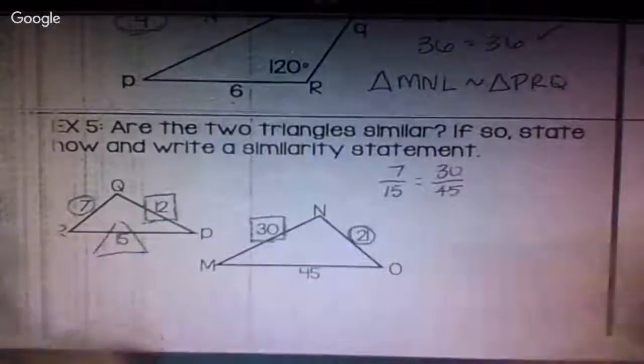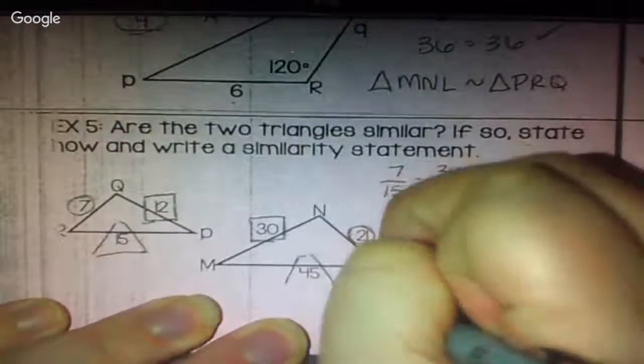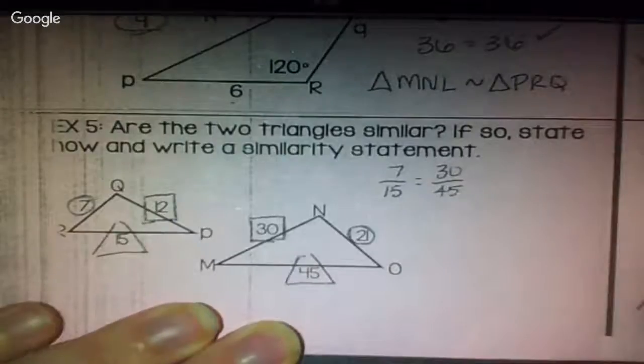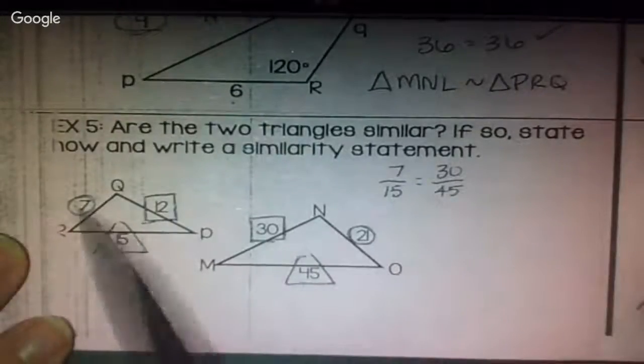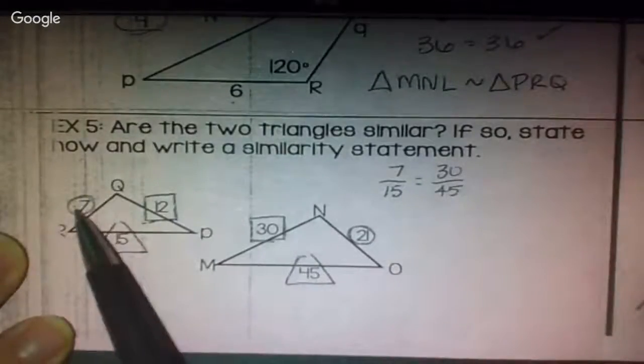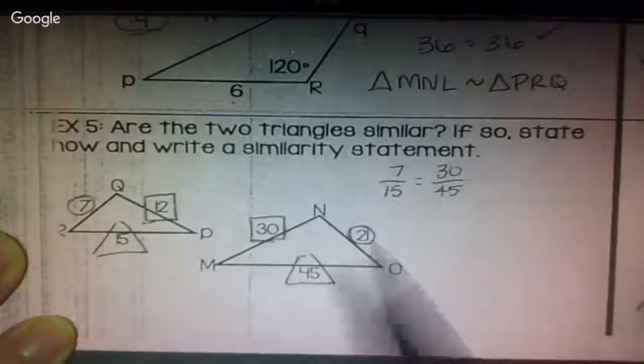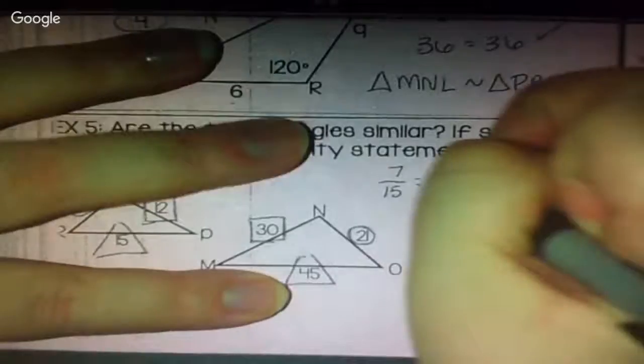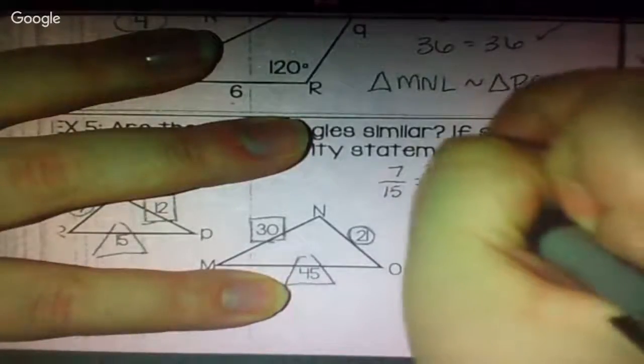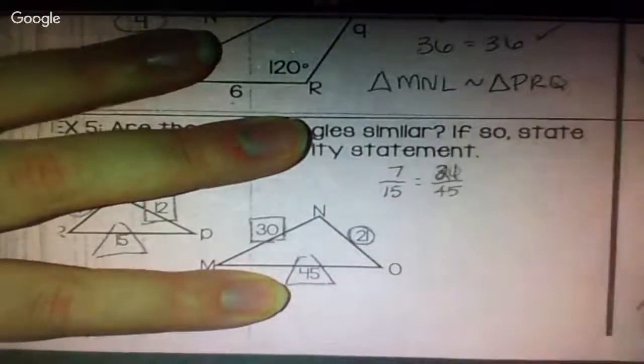The big number on this triangle is 15. The big number on this one is 45. So if I do 7/15, that's small over big, which means over here I need to do 21/45. Good catch, Brandon.